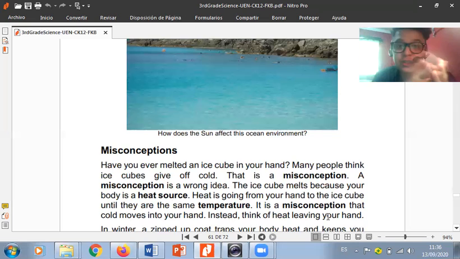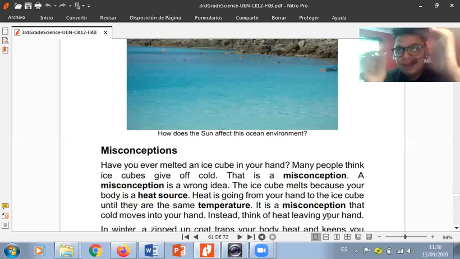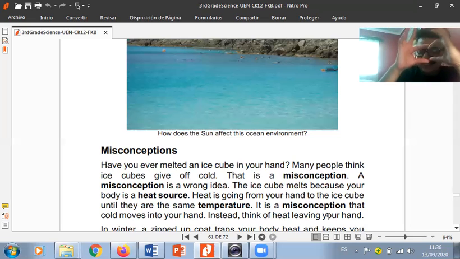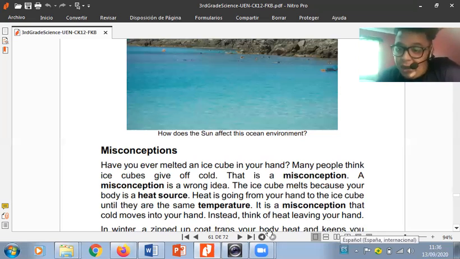It melts because the ice cube needs to be with another thing that is at the same temperature. What could happen if the ice cube is not with another thing at the same temperature? It will melt. For that reason, we cannot have an ice cube in our hands for a long time.